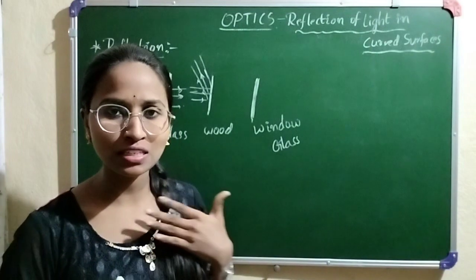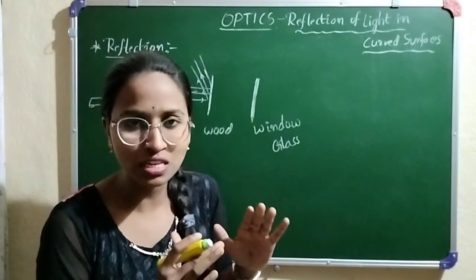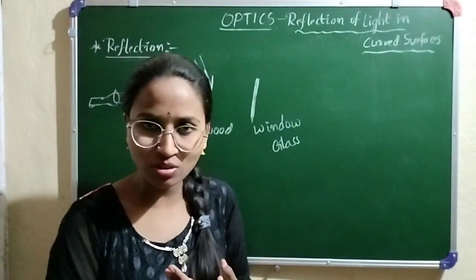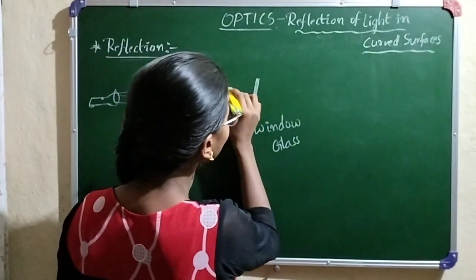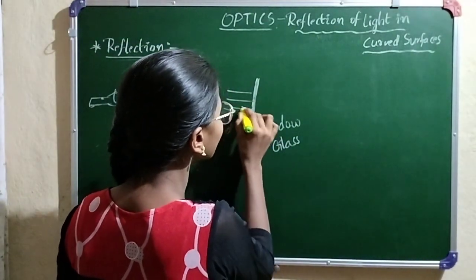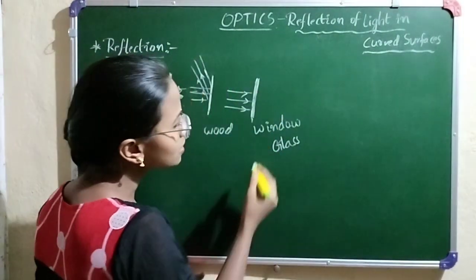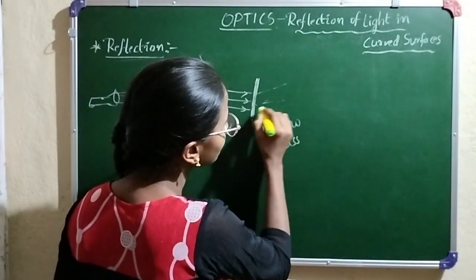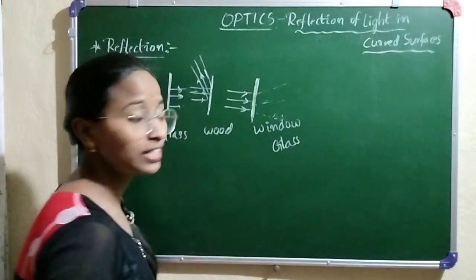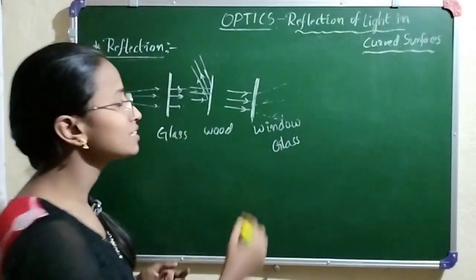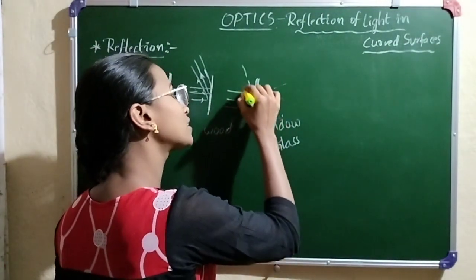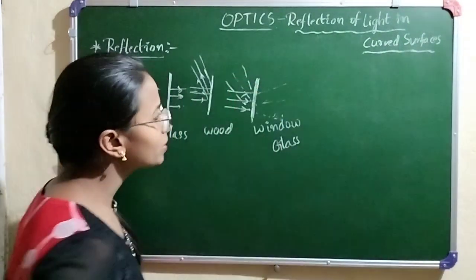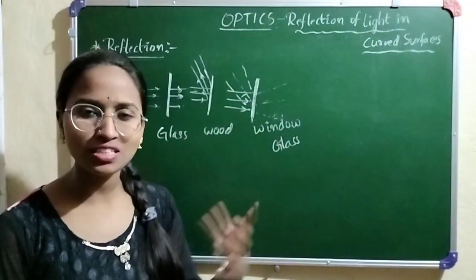We cannot see through the window glass clearly. If I send the same torchlight near the window glass, you can see only some of the light enters outside, and some of the light reflects to the other side. So we can observe three different variations in these cases.